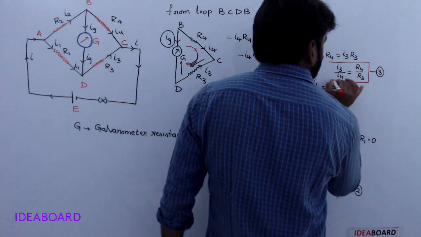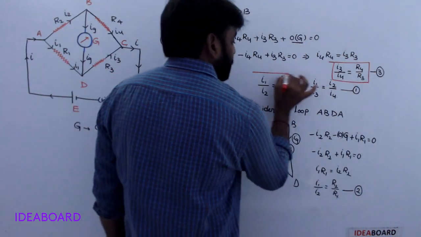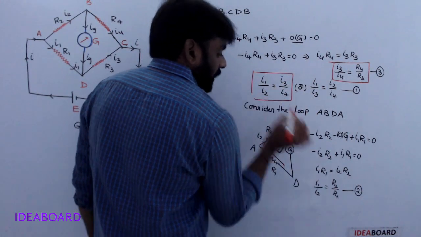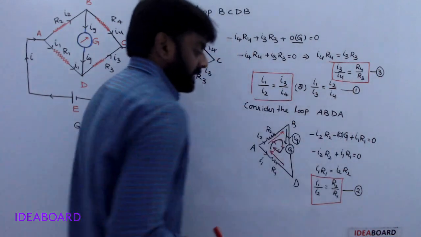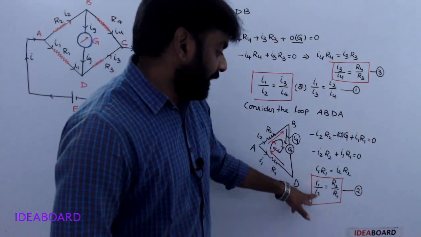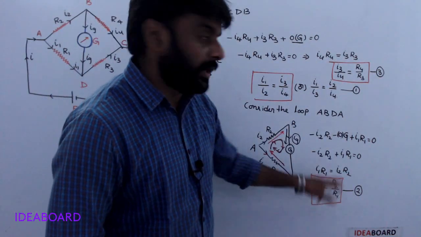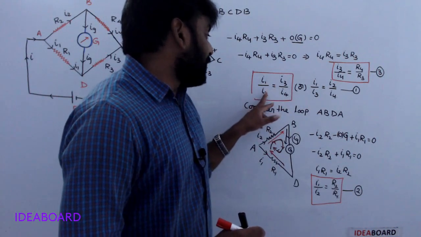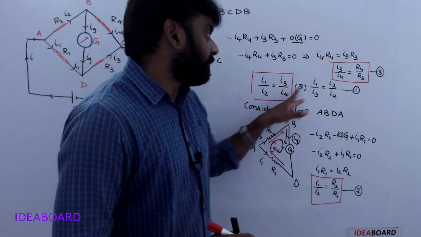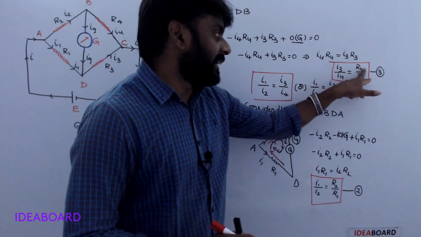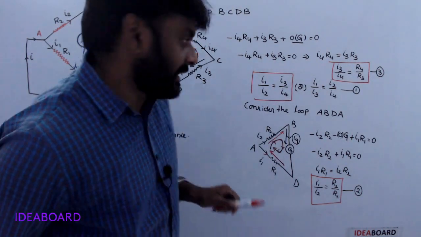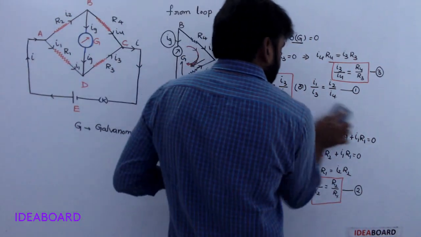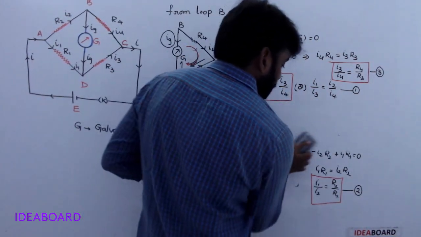From equation number 3, equation number 1 and equation number 2: I1 by I2 is equal to R2 by R1. And I3 by I4 is nothing but R4 by R3.